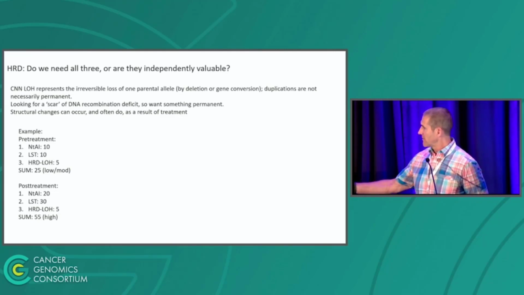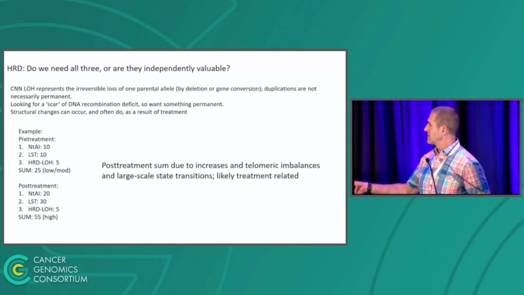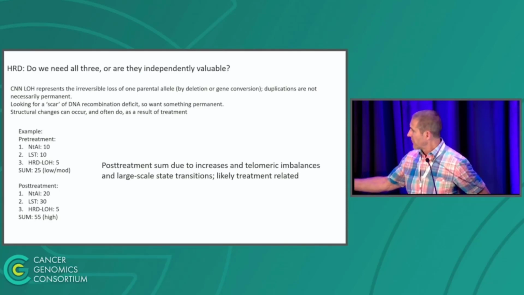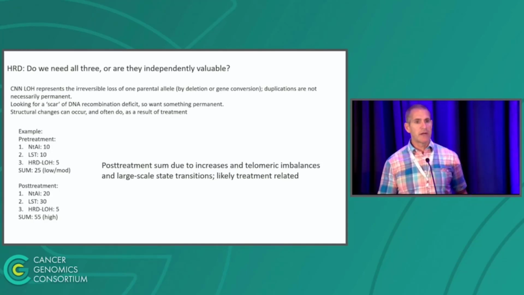We're not seeing an increase in the LOH, which is, again, more of a historical scar of the BRCAness of these tumors. And so it's important for us, again, to put more weight on the LOH score versus the others. And the only way to get the LOH is from the SNPs. So we're not picking up the LOH unless we're looking at the SNPs.